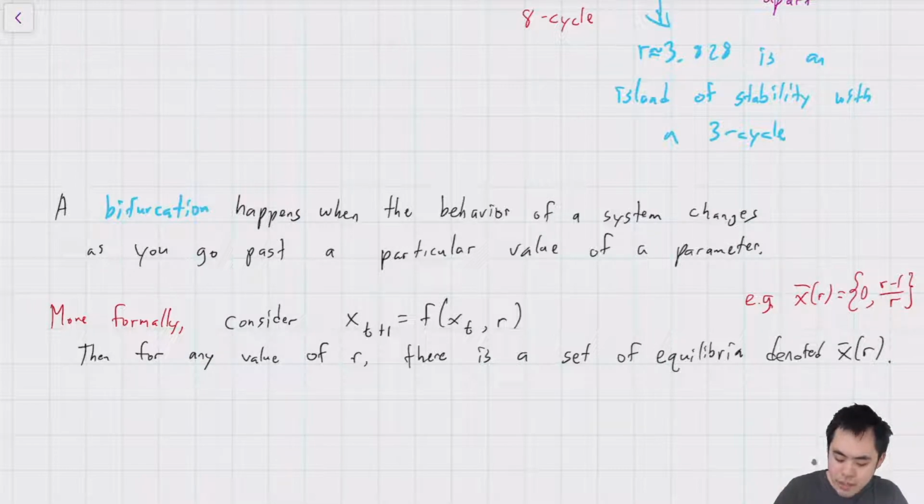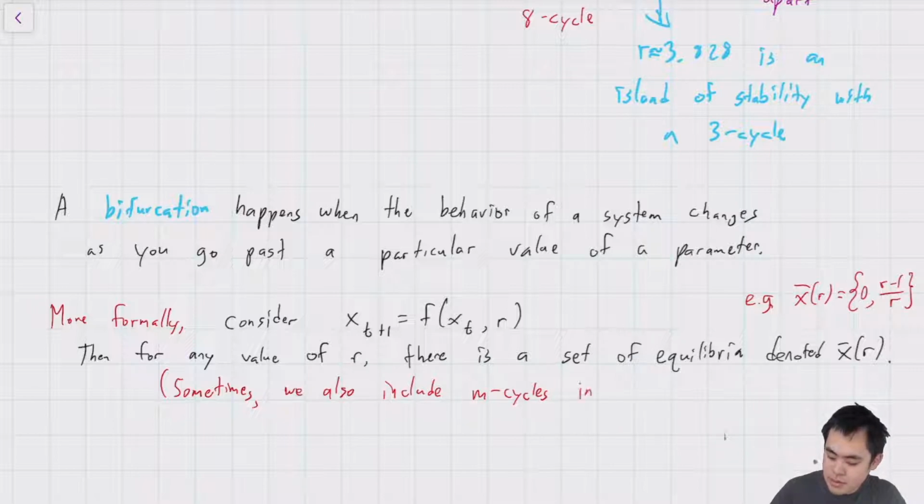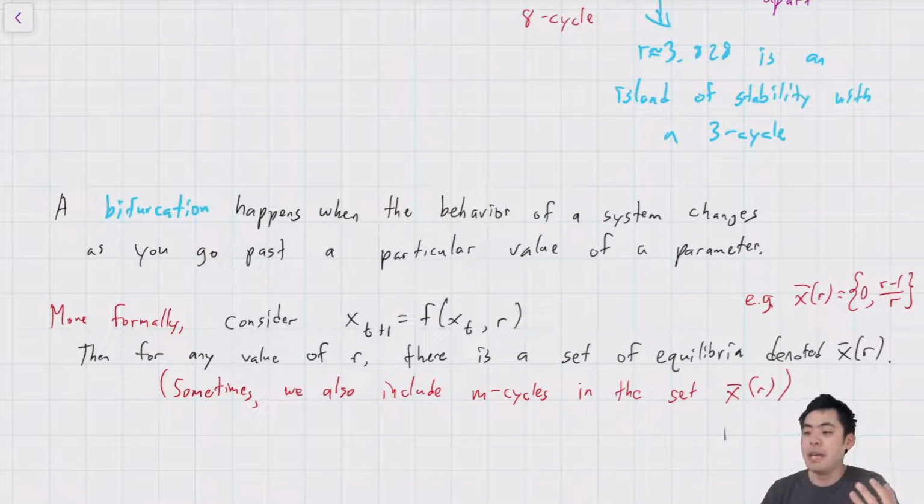And sometimes we also include m cycles in the set x bar of r. It depends on what kind of behavior we're talking about.